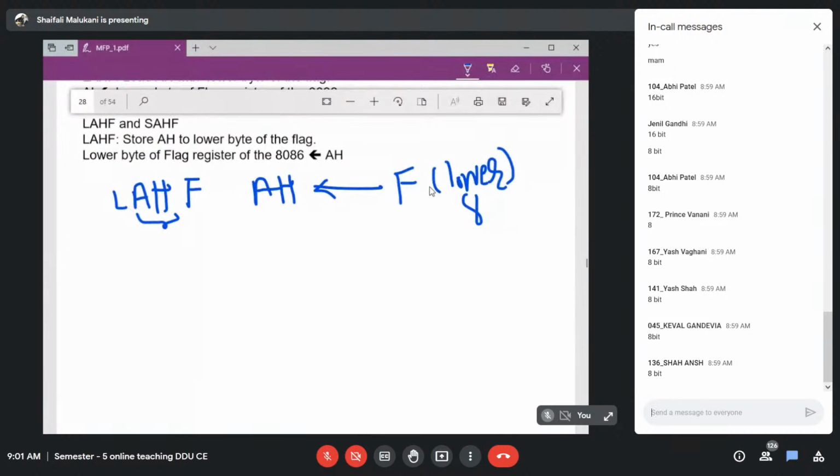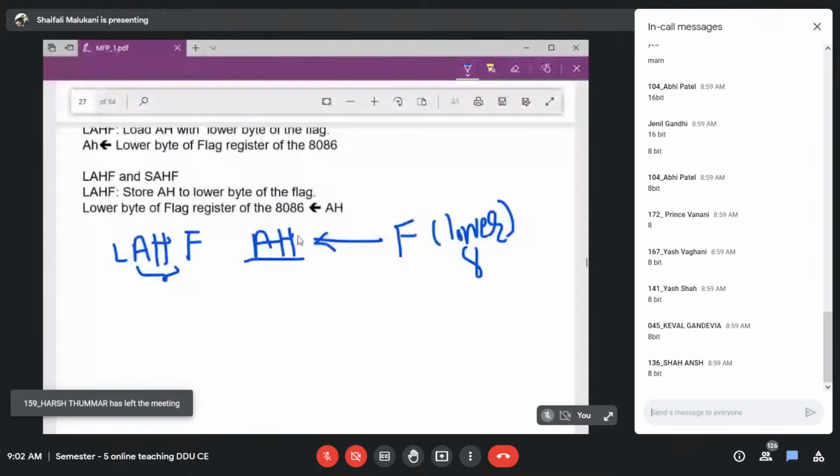The flag register's 8 bits, in which the parity flag, auxiliary carry, and all the flags are stored, go into AH. So the last 8 bits are stored in AH. Now that I have that in AH, I can process on that. We will definitely take examples based on this, as many programs are possible. So that is what LAHF is.